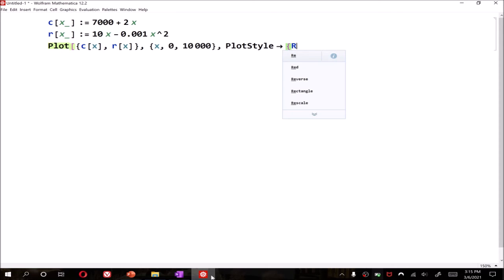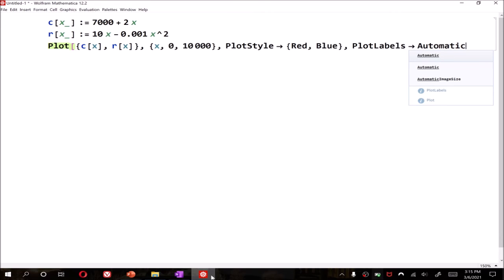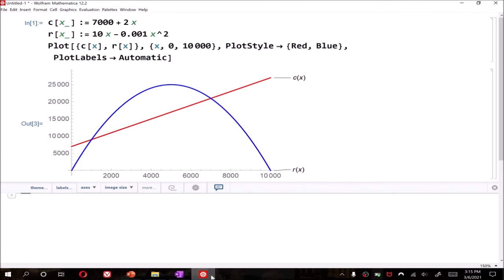Let's make the cost function red and the revenue function blue. And I'm also going to tell Mathematica to automatically label. If I execute this, here's our graph where this red line is the cost and this blue curve represents revenue.